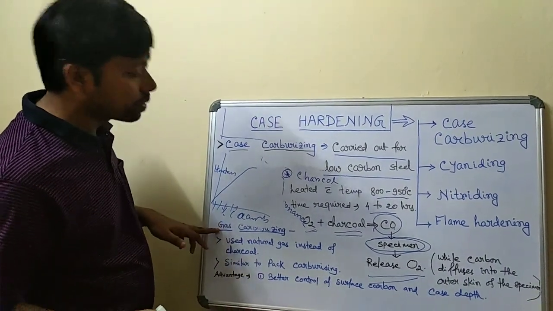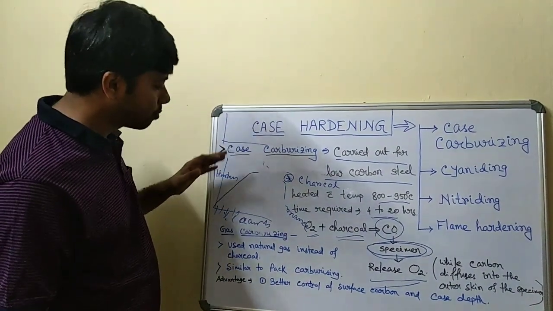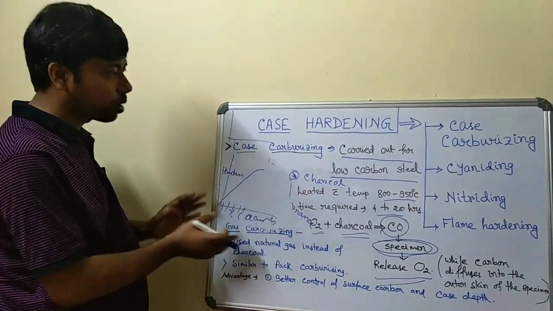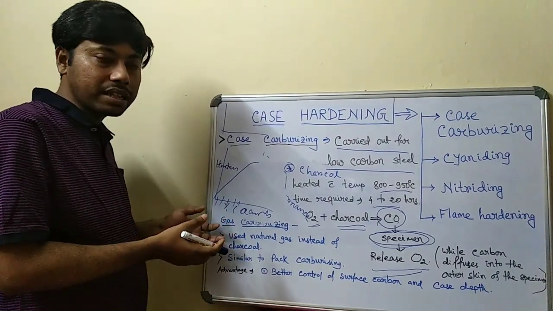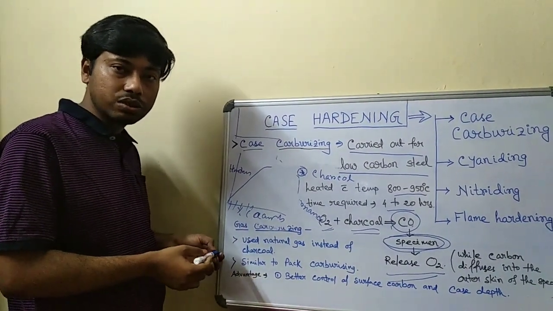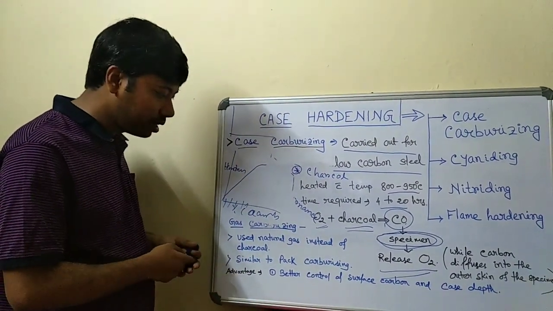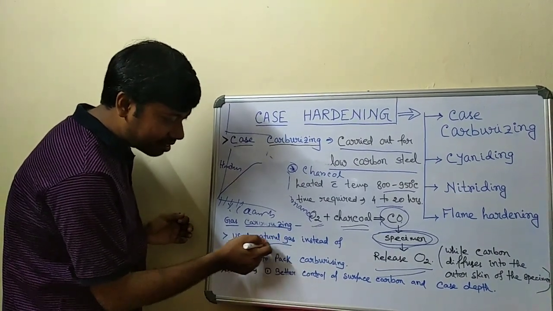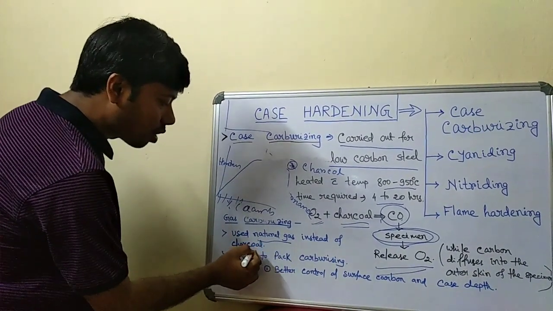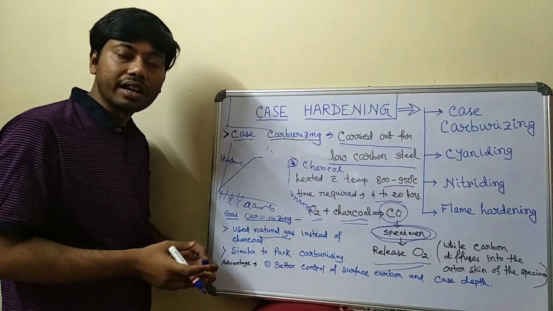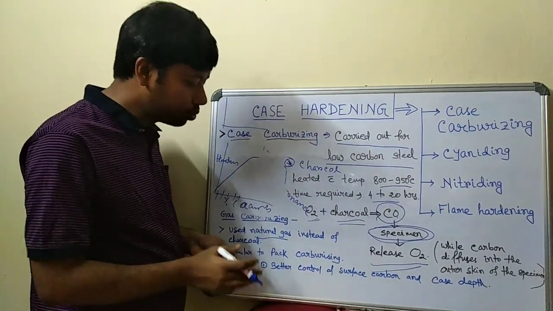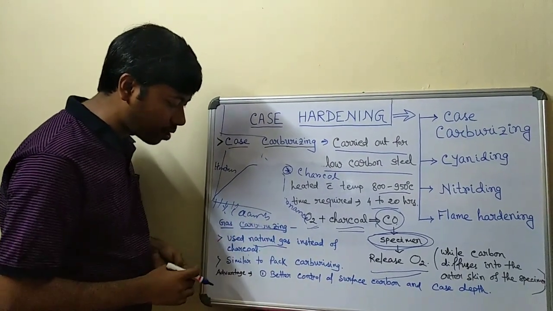And in case of gas carbonizing, also one type of carbonizing process, the carbon material used is not charcoal here. Natural gas is used instead of charcoal, natural gas like methane, propane, this type of natural gas is used in gas carbonizing.